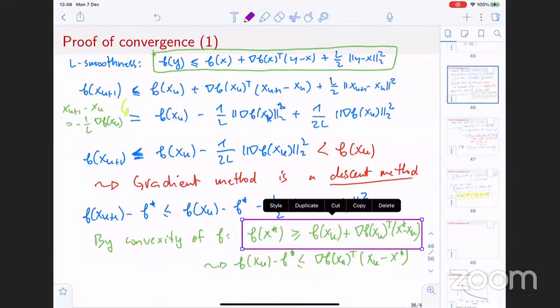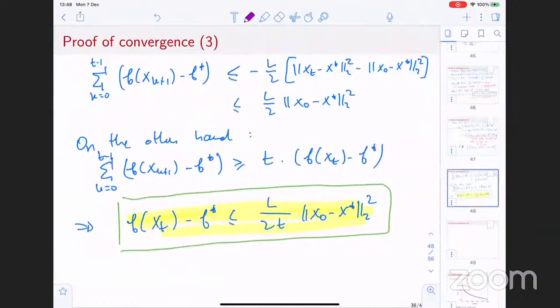So these are the two main inequalities that we use about f, and the rest is a matter of combining them together in a nice way. I don't say it's easy, but the key part is these two inequalities about f.